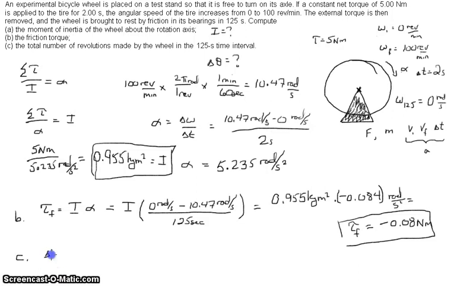But I'm going to use the change in angular displacement equals the initial angular speed times time plus 1/2 alpha delta t squared.